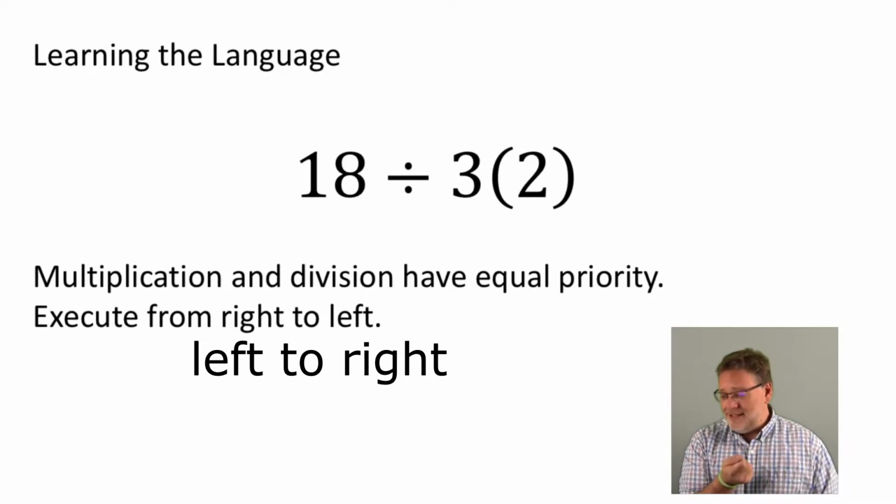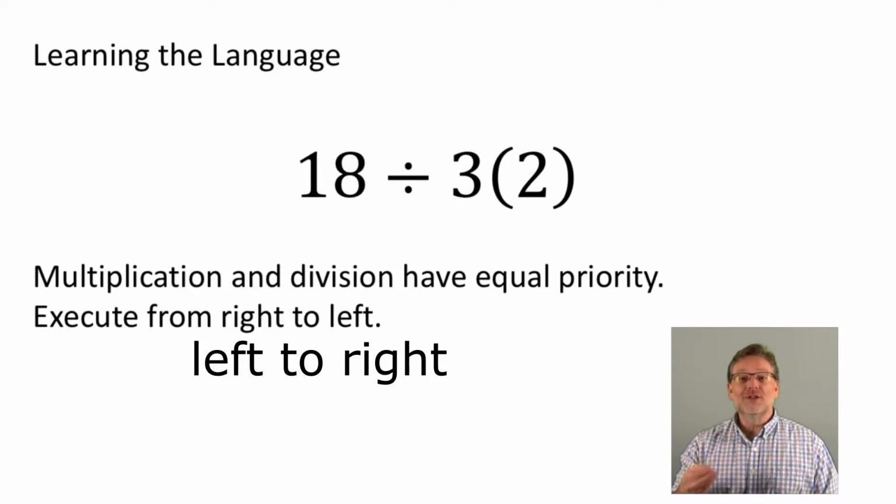In that sense, it might be a little misleading here, because it looks like the 3 and the 2 multiplied together is actually first. In reality, that's not the case. Multiplication and division have equal priority, which means that we simply execute from left to right. That should say left to right there. I'm going to change that.